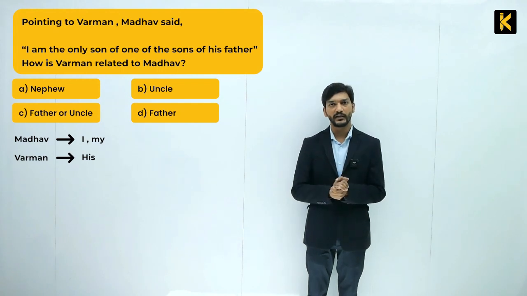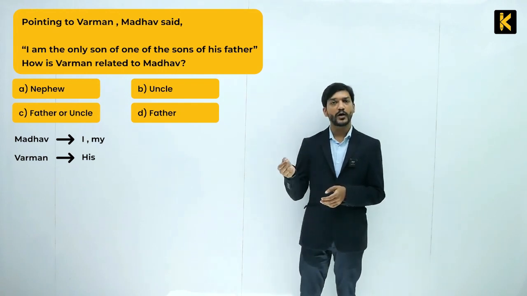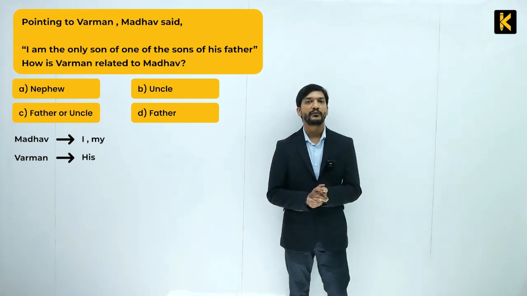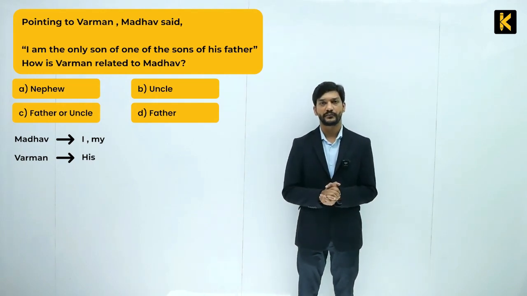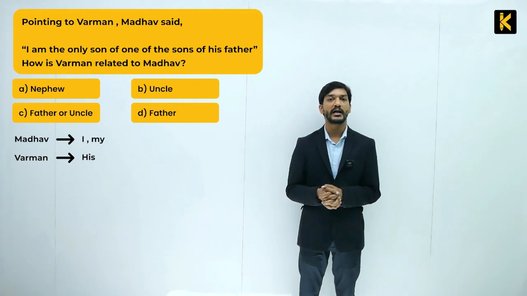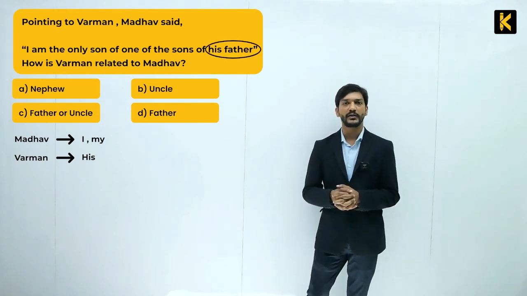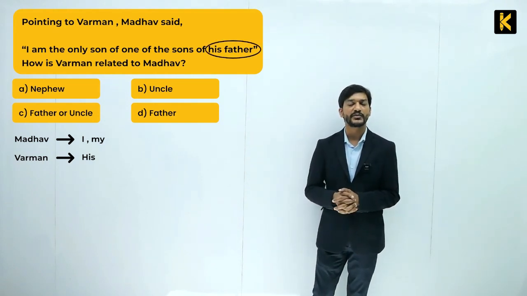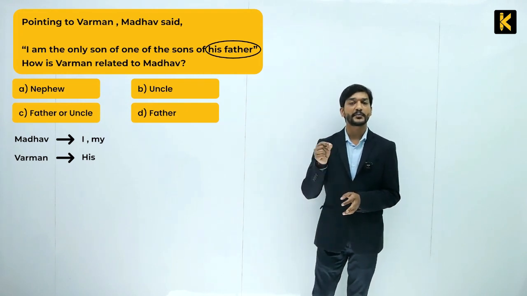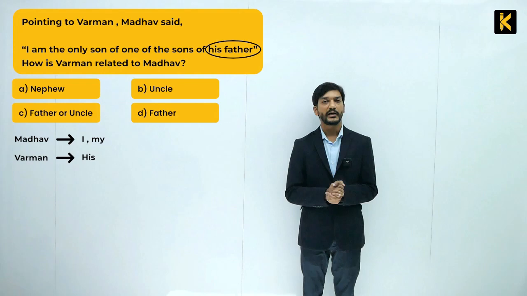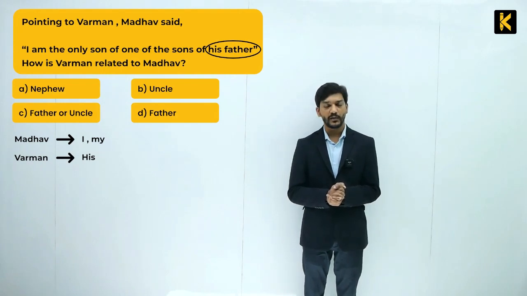Okay. So now as it is clear which words are for Madhav and which words are for Varman, let us now draw the diagram. So first again, we will observe the statement and draw the last person mentioned first. So what is the last thing mentioned in the statement? The last thing mentioned is his father. His means what? His means it is a male person.